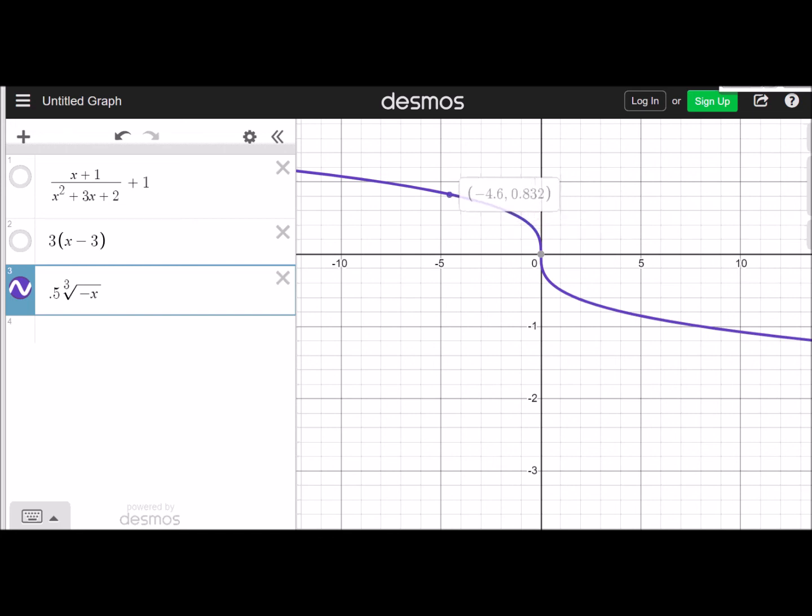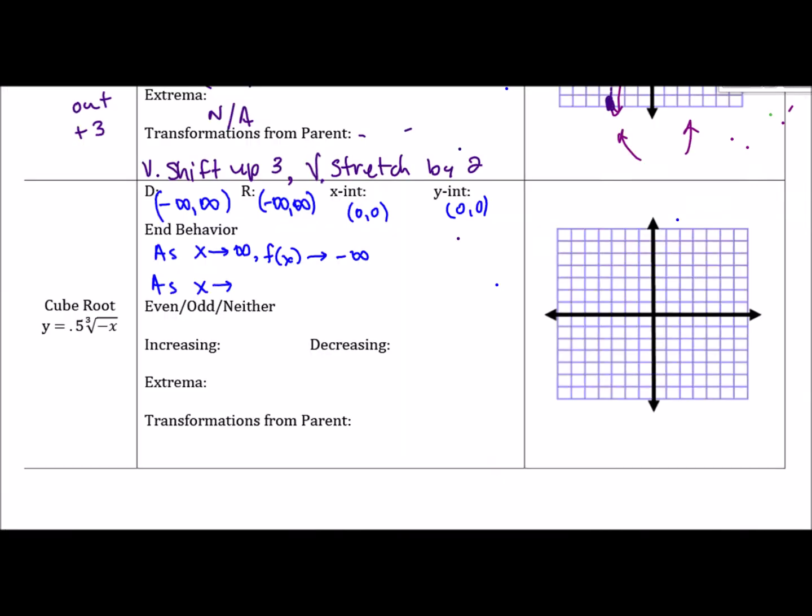Okay, looking at the graph, if we're following along, and we've got this x value, and we're getting smaller and smaller x's, right, negative a bazillion or whatever, what are the y values doing? They were increasing. If you look at the graph, it goes on forever, and it's slowly climbing to the left. So we would say as x goes to negative infinity, comma, f of x goes to positive infinity that time.